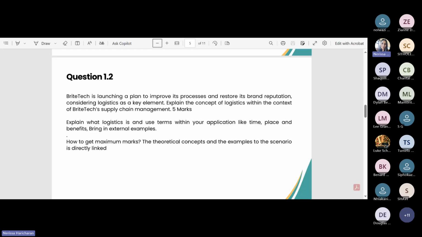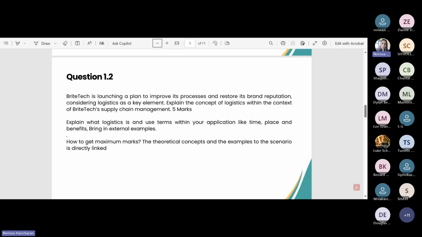Then for your 3 marks application, you're going to explain how inventory as a driver is related to Brightech or how it impacts Brightech. So maybe you're speaking about how their inventory management is based on the case study.